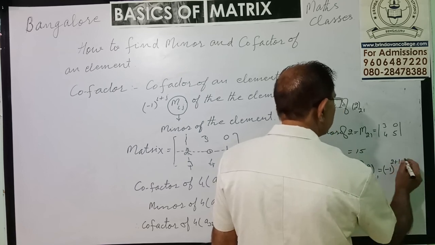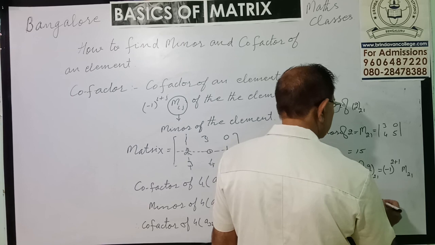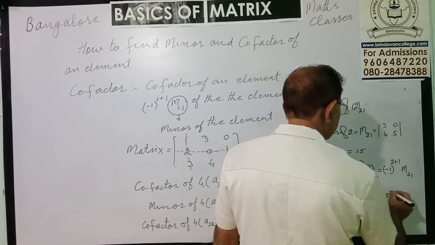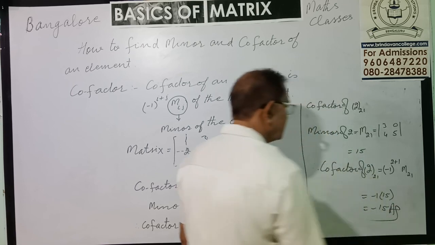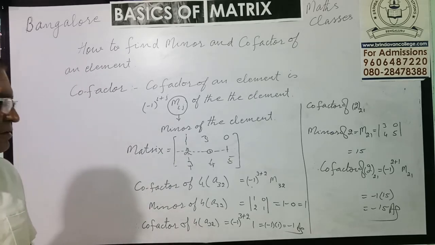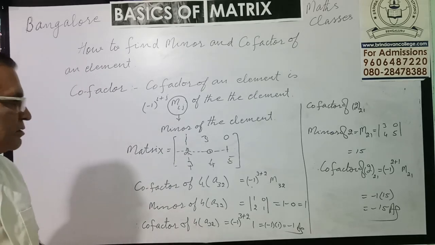Thus it will come out to be minus 1 power 3, that is minus 1, and the minor we have got as 15. So minus 15 will be the cofactor of this 2.